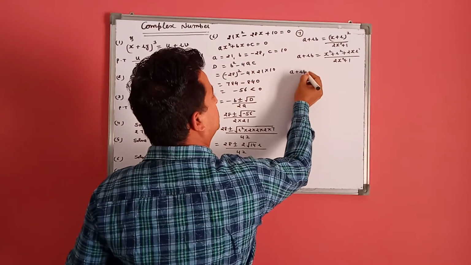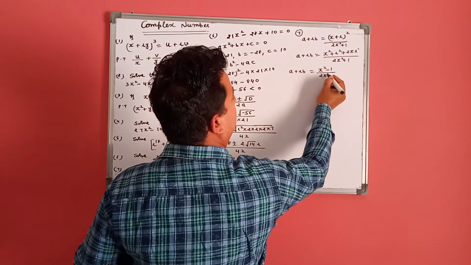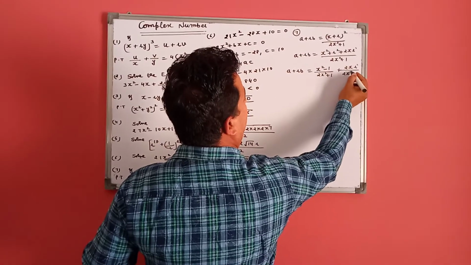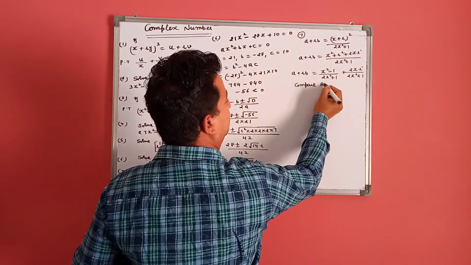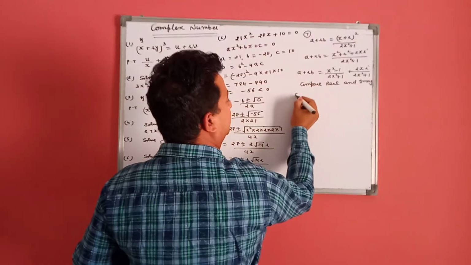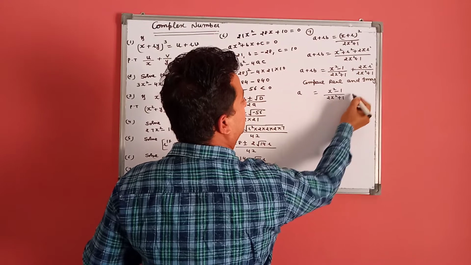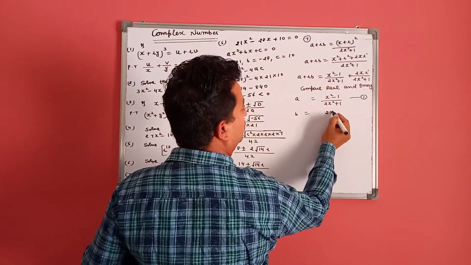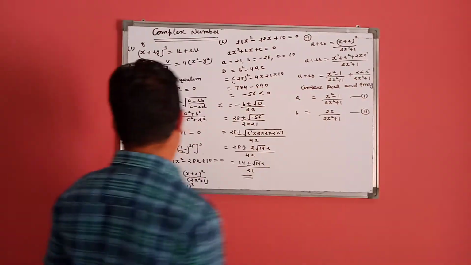Then a plus ib equals x square minus 1 plus 2xi upon 2x square plus 1. Compare real and imaginary part. Real part is a, which becomes equal to (x square minus 1) upon 2x square plus 1. This is equation 1. Imaginary part is b, which is equal to 2x upon 2x square plus 1. This is equation number 2nd.